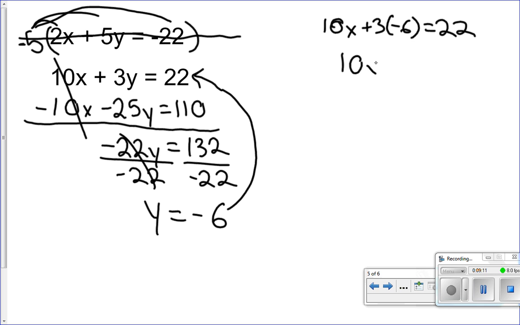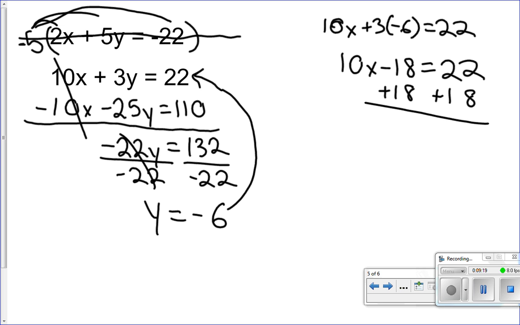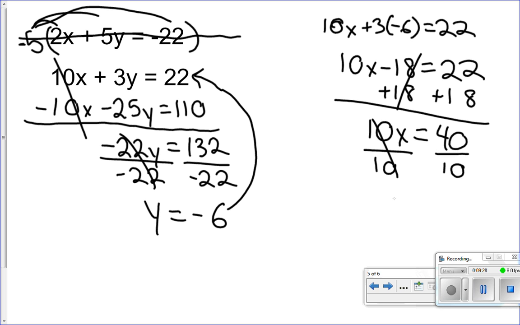So 10x equals... 3 times negative 6 is minus 18. 22, add 18 to both sides. I get 10x equals 40. Divide both sides by 10. X equals 4. So your solution is (4, negative 6).